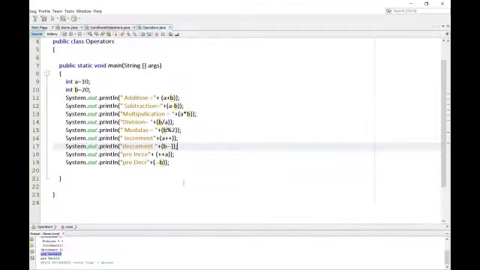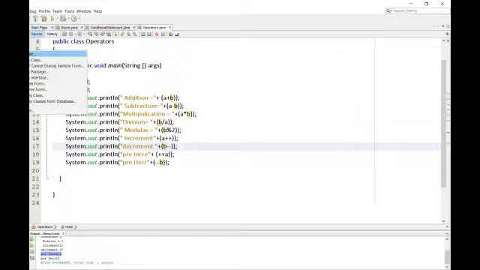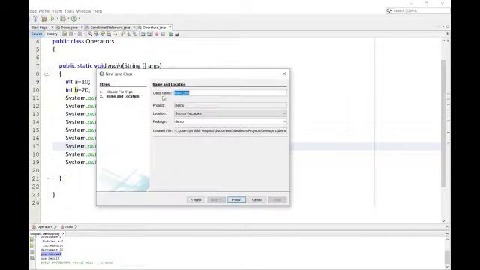Let us take one example related to this one. Say we are going to have demo new class and we are going to have relational.